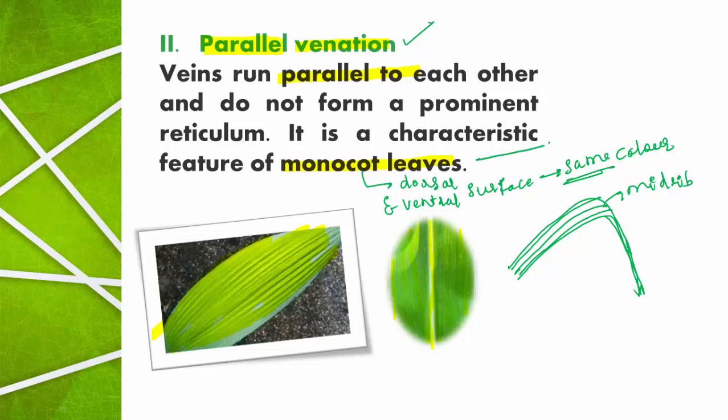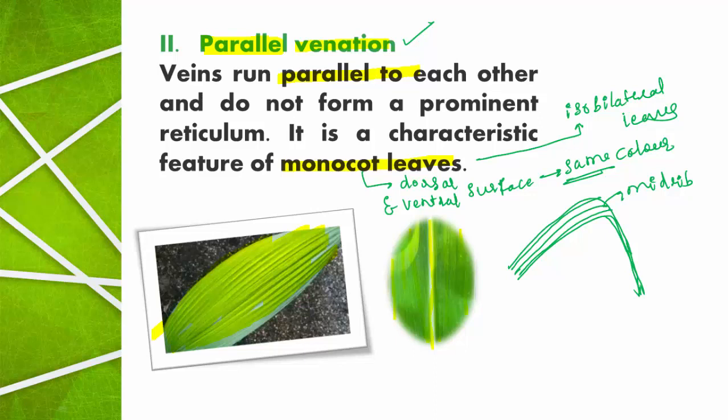Therefore, monocot leaves are called isobilateral leaves, whereas dicot leaves are called dorsiventrally differentiated leaves, because the dorsal and ventral surfaces are clearly identified, showing different colors.